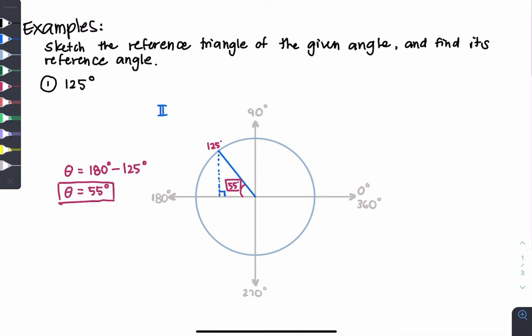If you ended up drawing a triangle that looks like this, that's wrong. We don't like those. Those reference triangles do nothing for us. They're not even called reference triangles. They're called fake triangles, I don't know. But when we draw these reference triangles, make sure it's always hugging the x-axis.